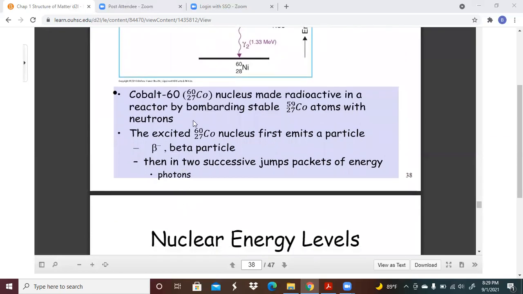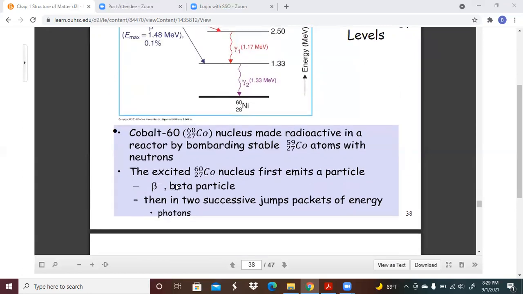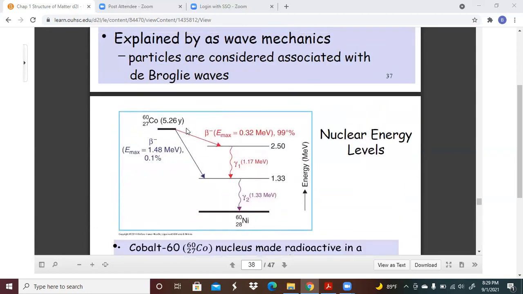So the excited cobalt-60 nucleus first emits a particle. It's a beta minus particle. Then in two successive jumps, packets of energy are released. So you've got the beta minus particle being released.